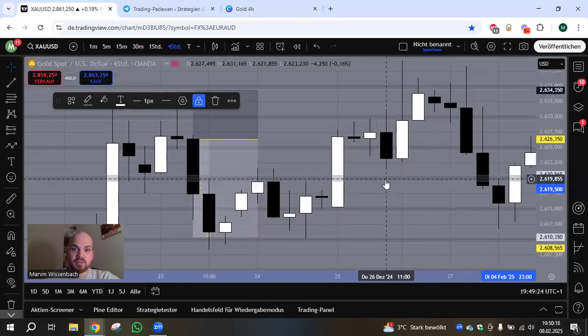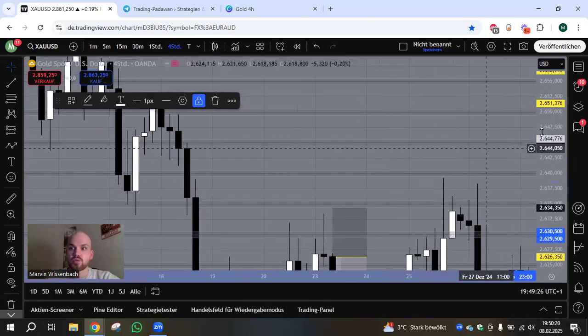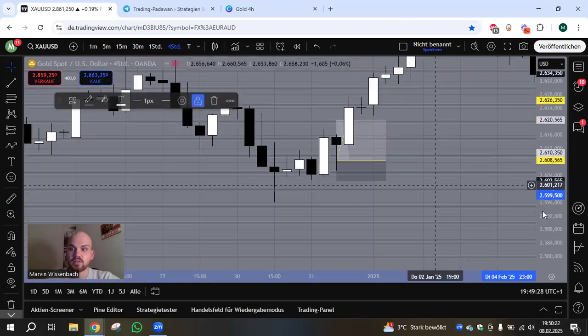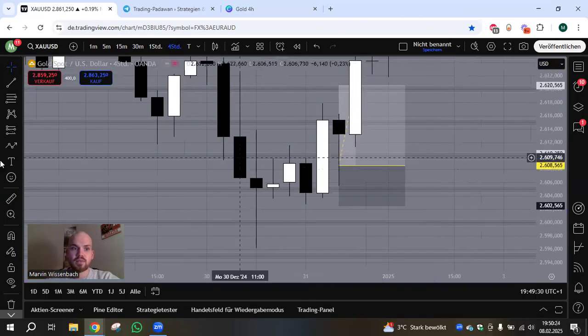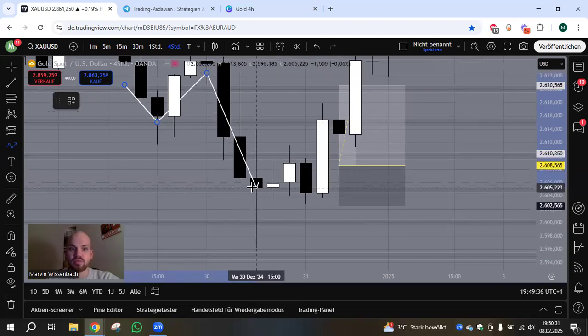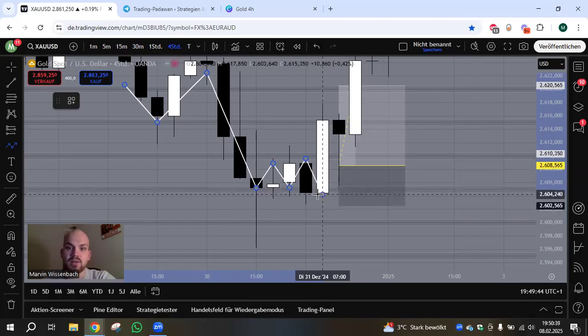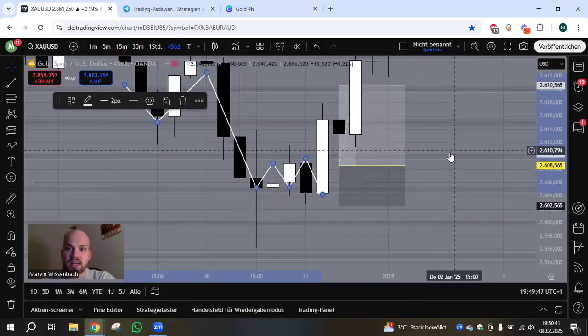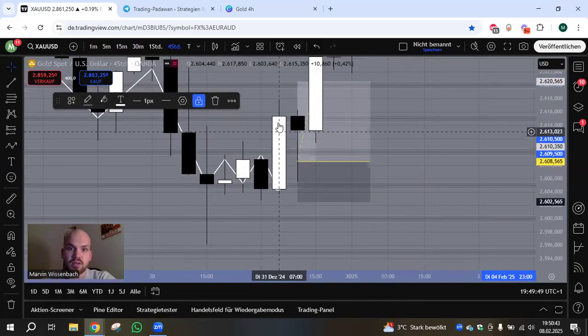We have the engulfing pattern, which would be this right here. Here's another example. We have a consolidation, a move downwards, a bearish trend. We had a consolidation, and then we had an engulfing candle, which would be this bullish white candle.